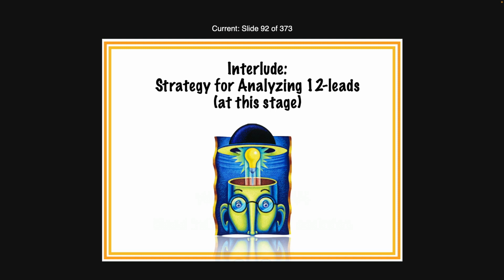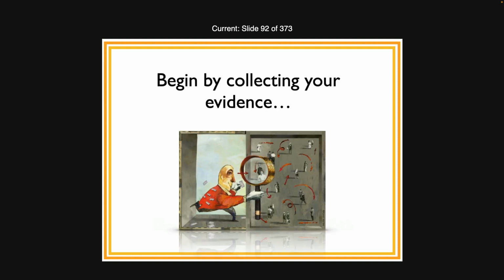At this point, however works for you is fine. But if I had to say what strategy would be a good one to follow, knowing what we know at this point, meaning we'll probably change things later, this is what I think is the most useful thing to be doing right now.